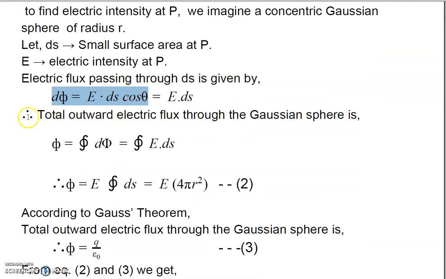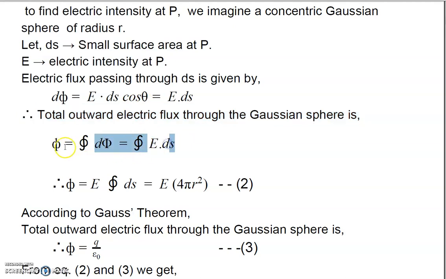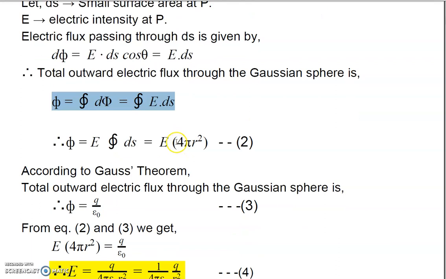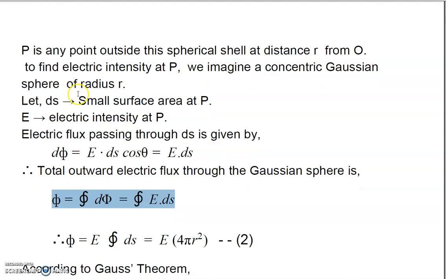So the total outward electric flux over the entire Gaussian sphere will then be given by integration of this term. So phi is equal to integration of d phi, which is equal to integration of E dot ds. This E, being the electric field intensity at distance r, will be the same at all these points, because all these points on the imaginary Gaussian spherical shell are equidistant, so they all have the same value of electric field intensity.